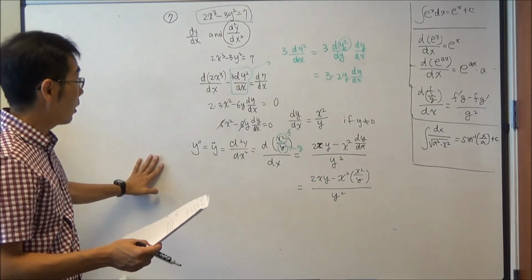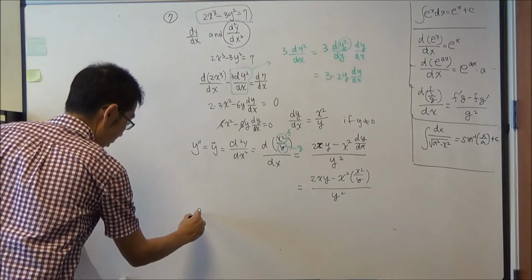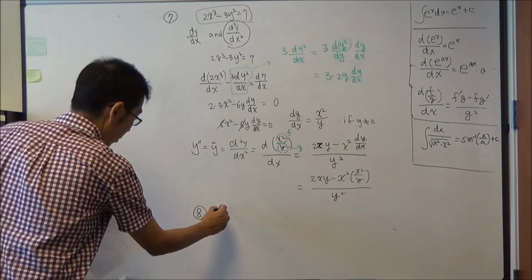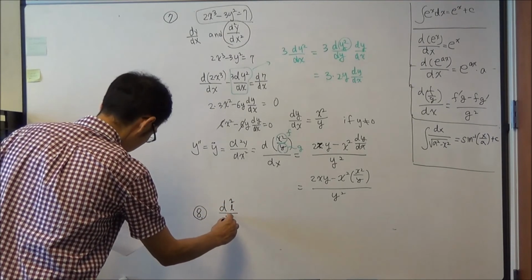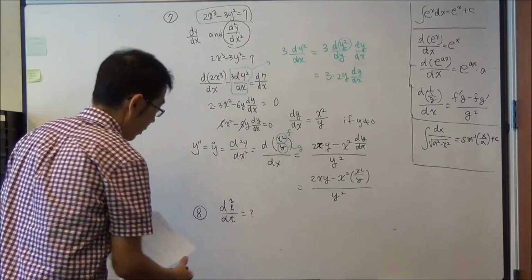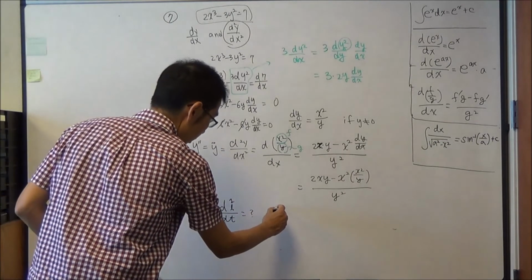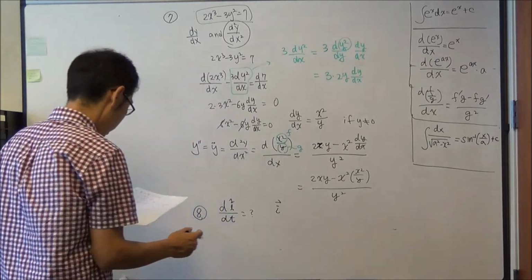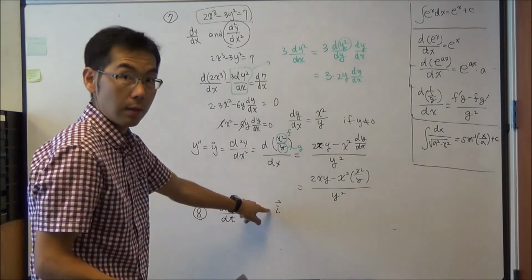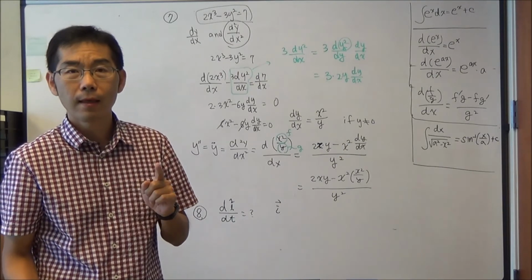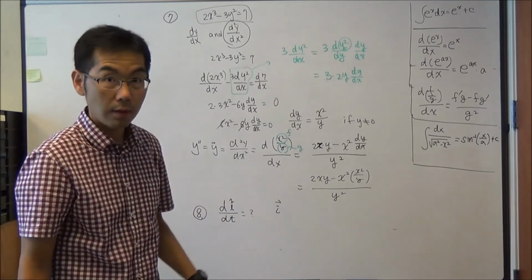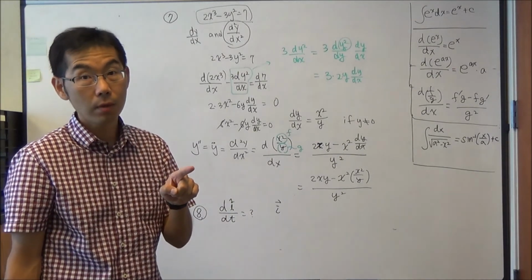This is number 7, and the last question is this one. What is the derivative of the i unit vector over dt? So what is the i unit vector? For a unit vector, the magnitude is always 1. Then the i direction is pointing to the x coordinate.